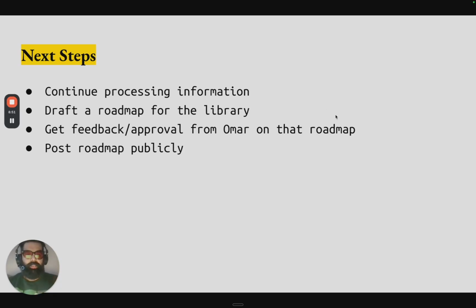I want to then draft a roadmap for the library moving forward and then get feedback from Omar on that roadmap, and then once it's approved, I'll post it publicly and do a walkthrough video for that as well.